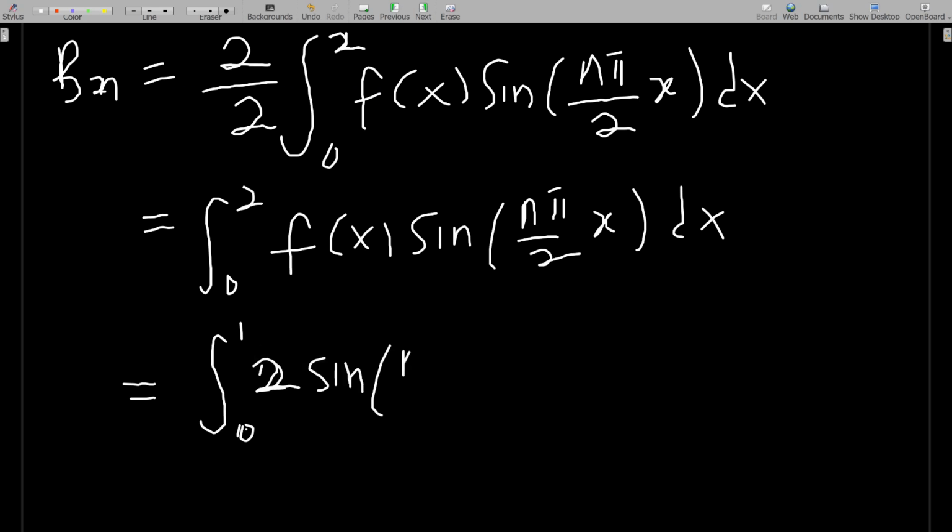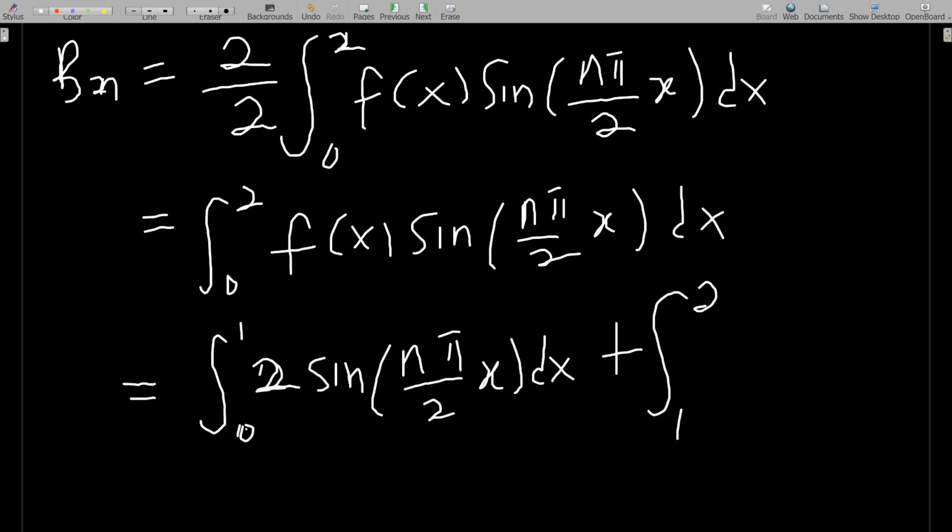Then sine of n pi over 2 x dx, then plus integral 1 to 2. You can realize that we started from 0 and we are ending at 2, so it gives the whole of this limit integral. Then f of x at that point is minus 2, then sine of n pi over 2 x, then dx.